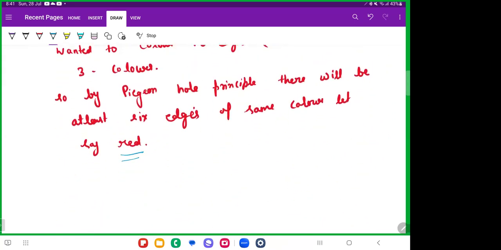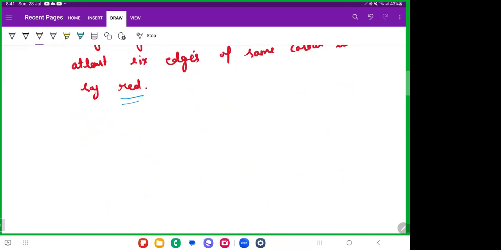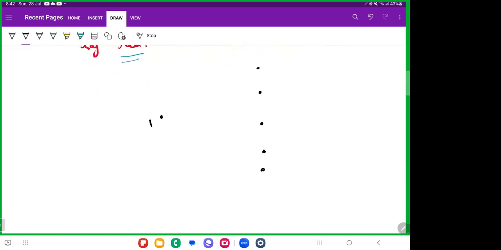So let's say these are of red color, so let's draw them in red. We have 6 edges of the same color. Let's name the other endpoints A1, A2, A3, A4, A5, A6.